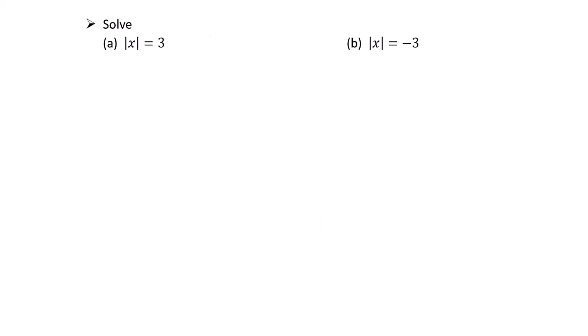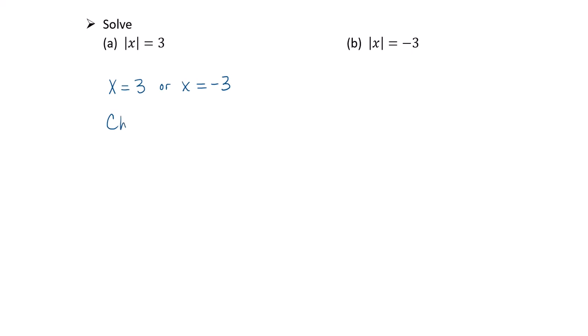Let's solve these two absolute value equations. The first one, absolute value of x equals 3. This means that x must have a value of 3, or x must have a value of negative 3 for us to have taken the absolute value of x and gotten 3.